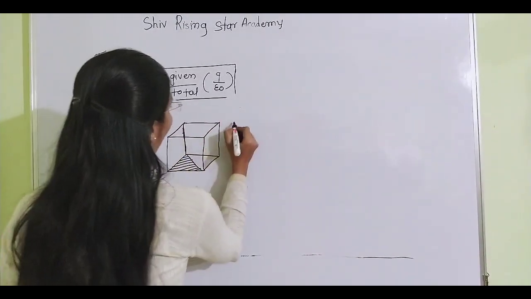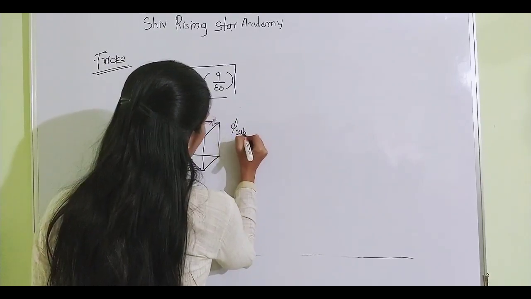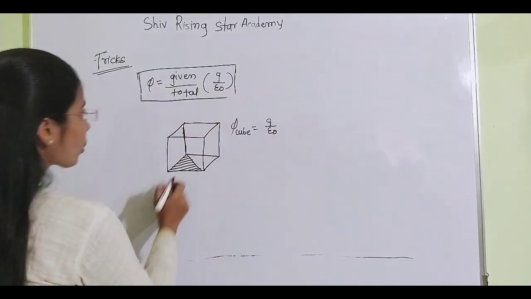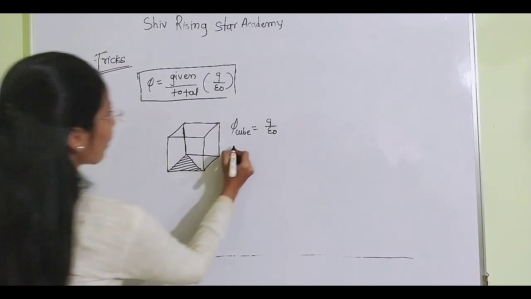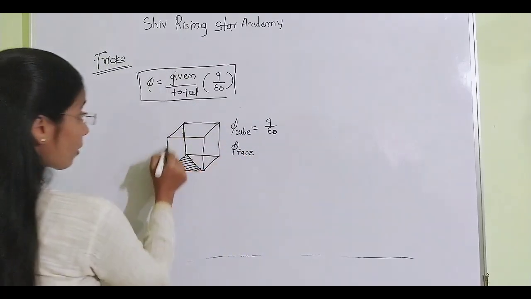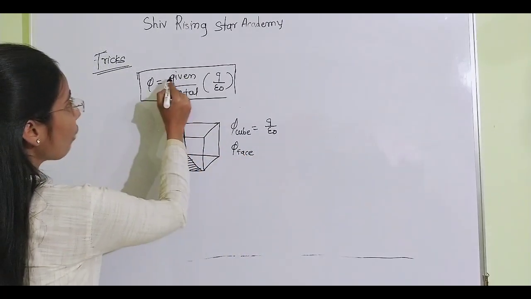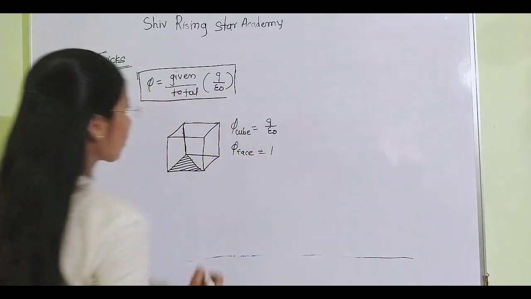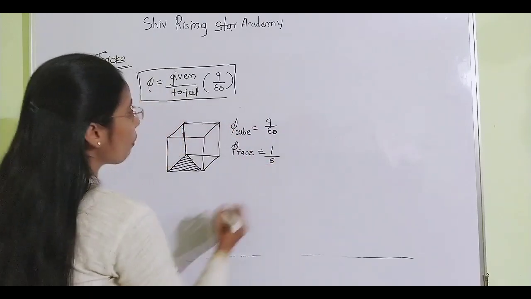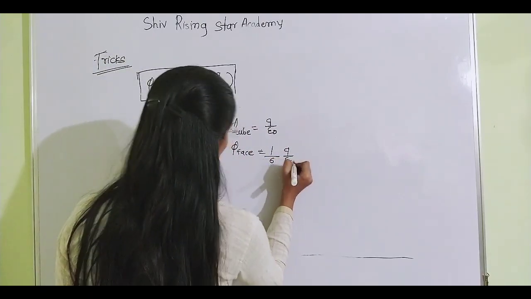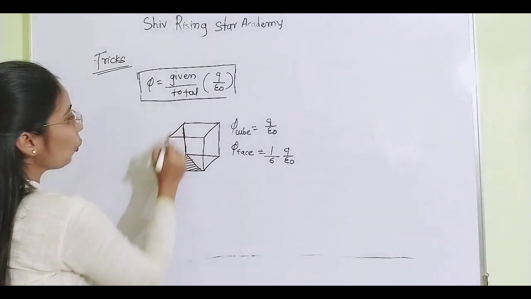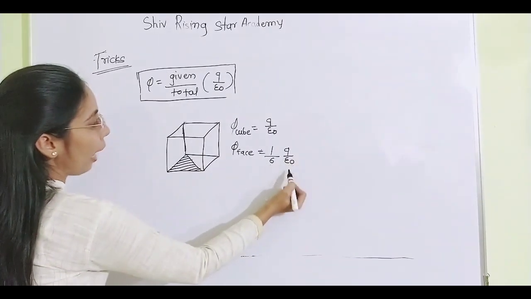Suppose this is a cube and the flux of this cube is q by epsilon naught, and the flux of one surface of this cube, that is one face of the cube, with 6 faces for this cube. So given is one face and the total number of faces is 6, into q by epsilon naught. That is, the flux for one face of the cube is 1 by 6 q by epsilon.